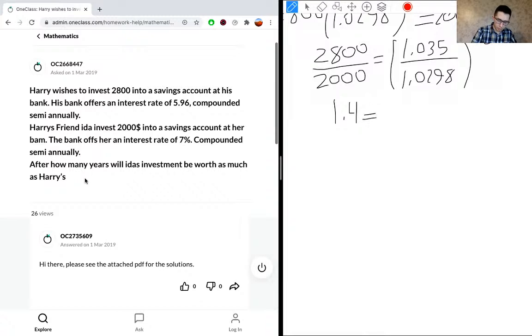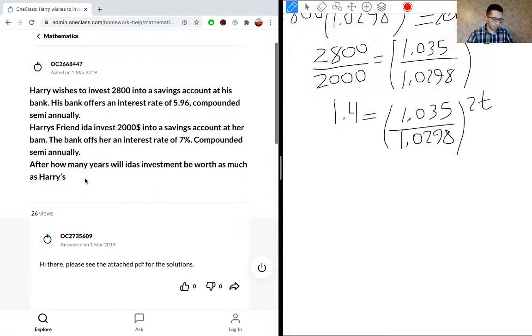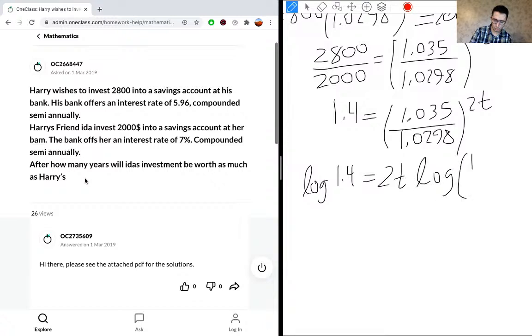And that will be equal to 1.035 over 1.0298, all to the power of 2t. So to solve for the exponent, we have to take the log of both sides. So we know log 1.4 equals 2t log of 1.035 over 1.0298.